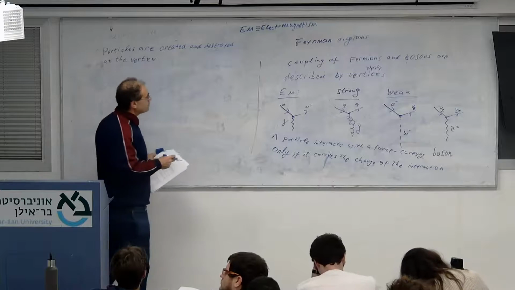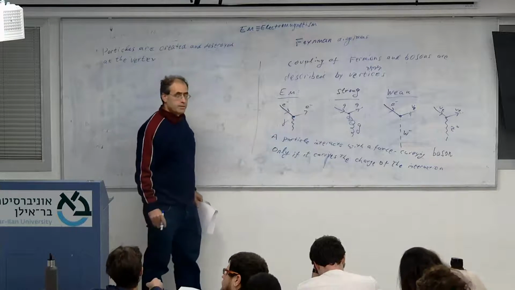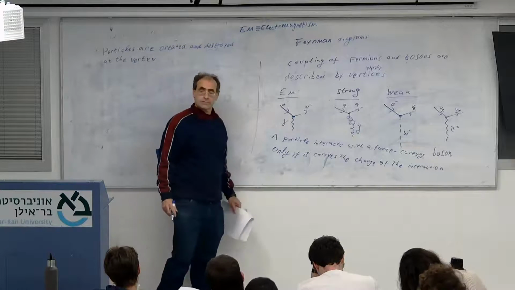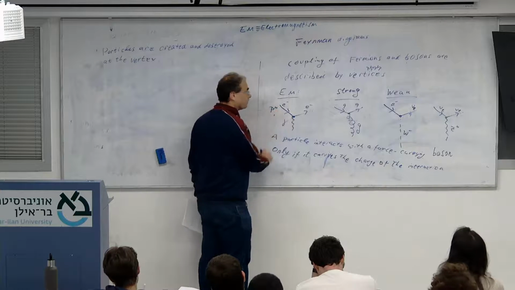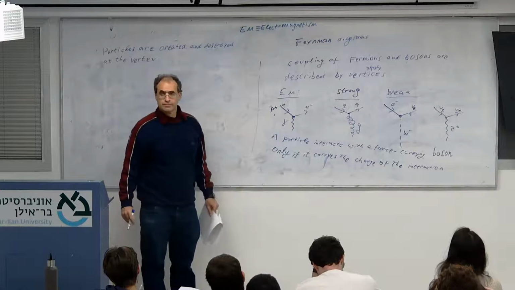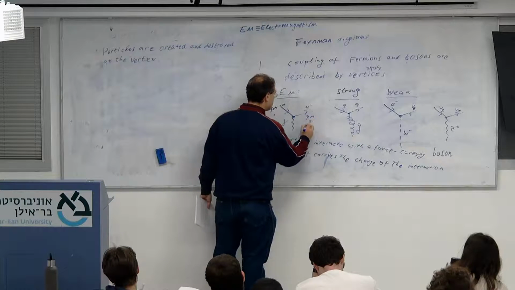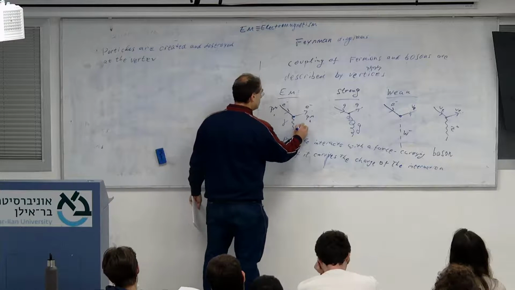So for example, when we speak about this diagram, if the initially coming electron has momentum p mu 1, and the outgoing electron has momentum p mu 2, and the photon has four-momentum, let's say q mu.